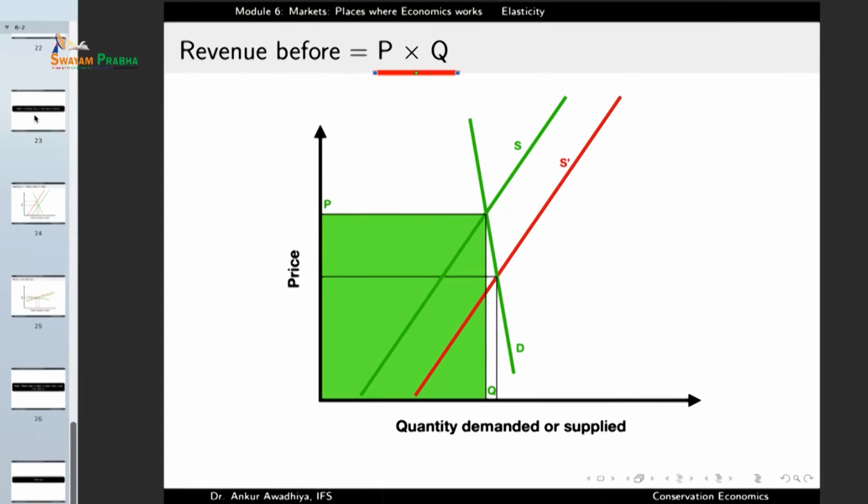But if a majority of farmers are able to increase the output, in that case, because the demand for food grains is inelastic, the total amount of revenue that these farmers would be earning would go down. So this is one application of elasticity.